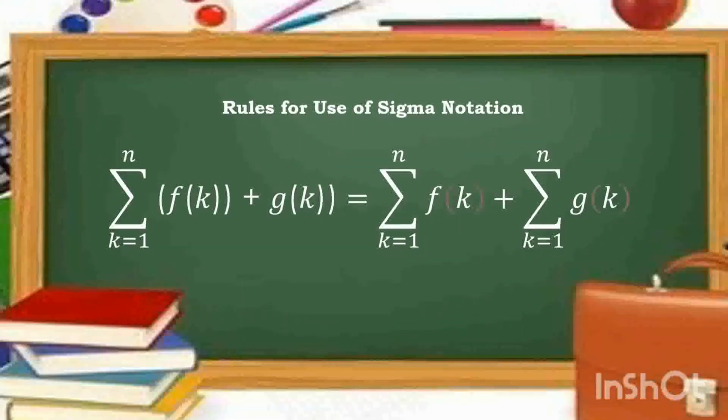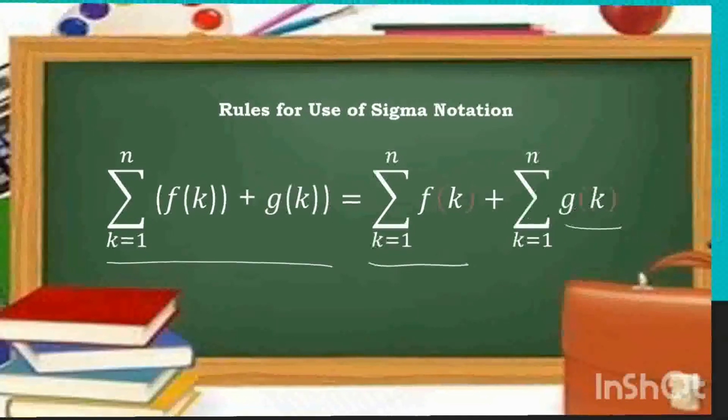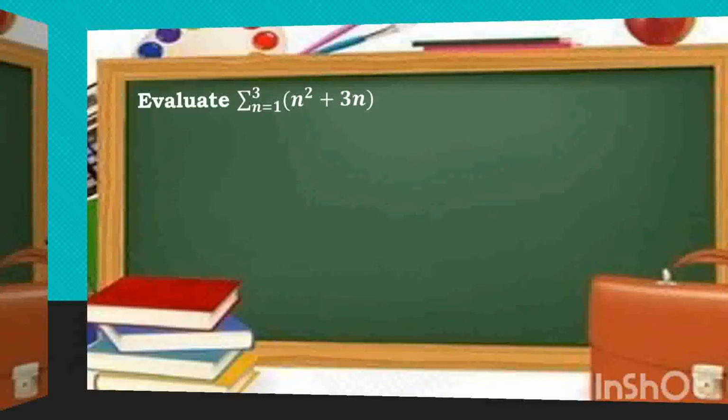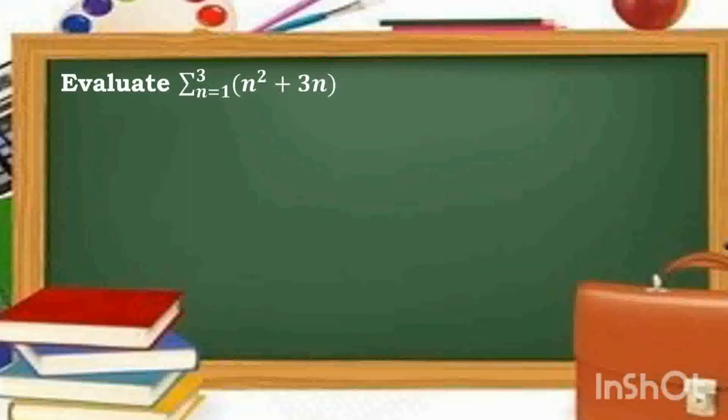For the fourth rule, if we are given a sigma notation in this form, we can find the sum by simply adding the separate summation of two functions. It will become the summation of f of k plus the summation of g of k. Evaluate n squared plus 3n as n goes from 1 to 3.